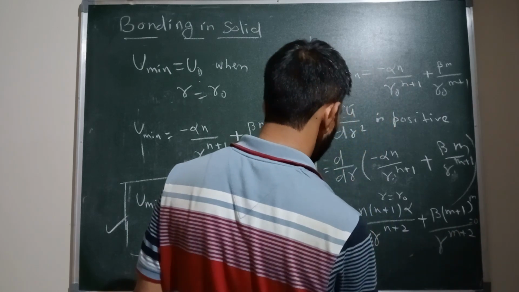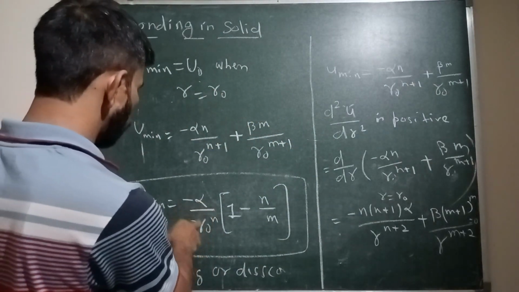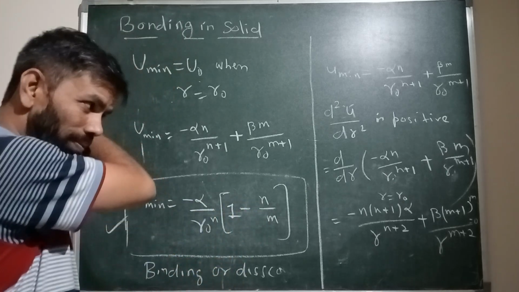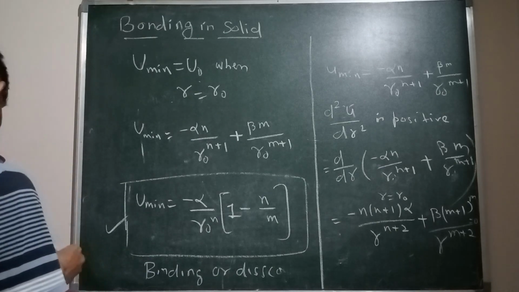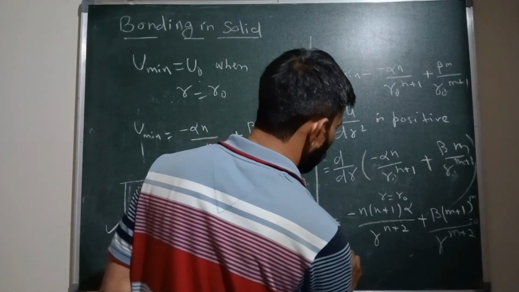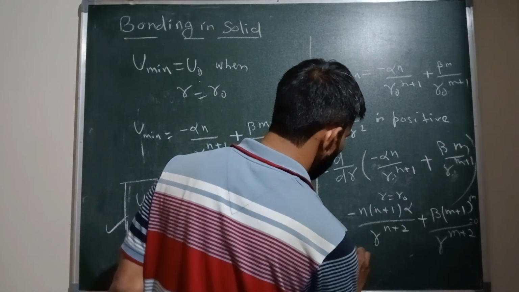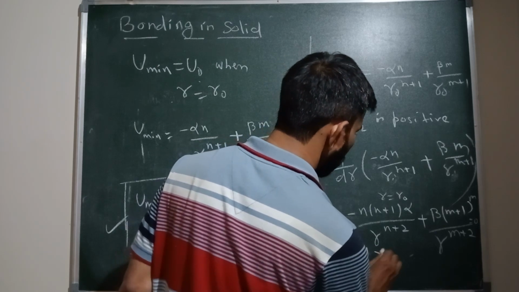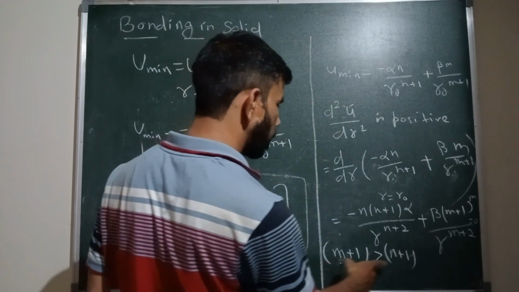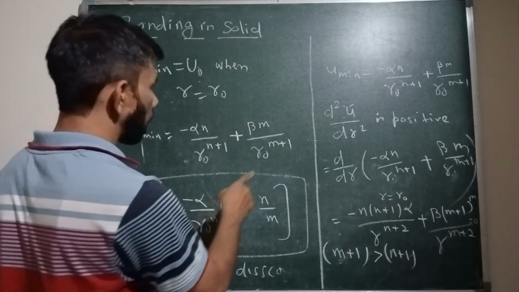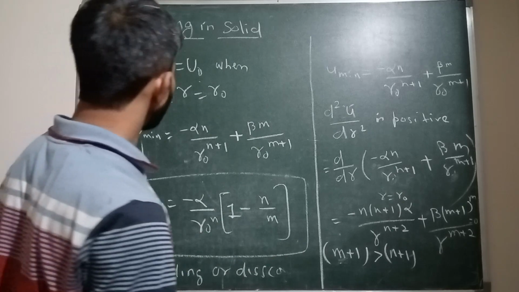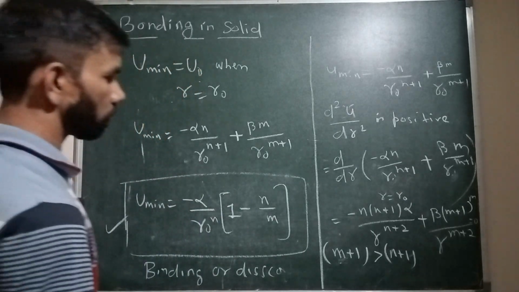So here we have also seen the value of m by n. Finally, we have seen that m plus 1 is always greater than n plus 1, so m is always greater than n. It means that the minimum potential energy is U equals U naught.